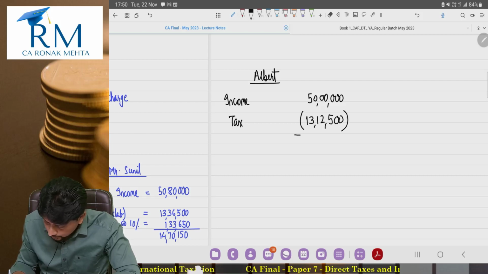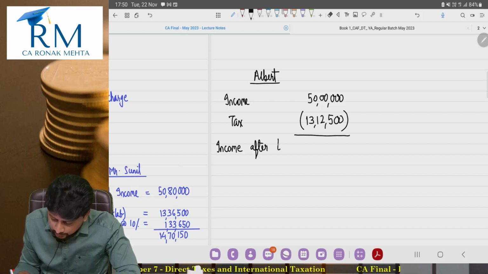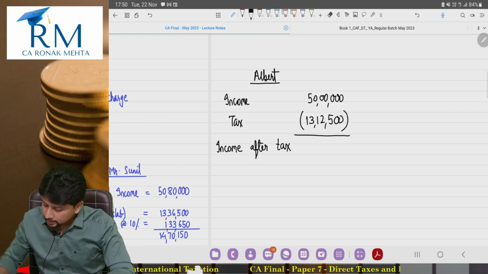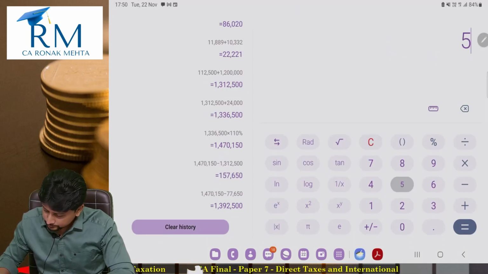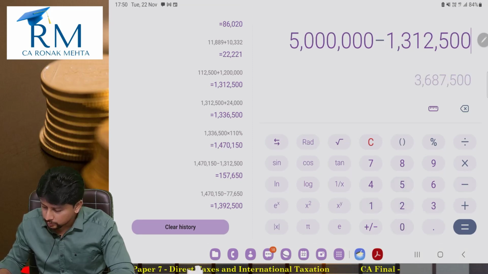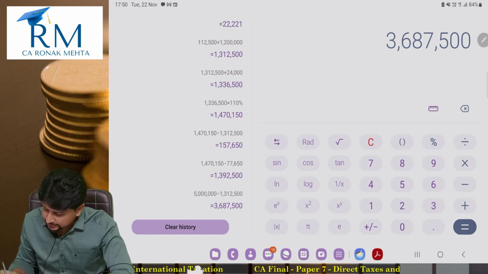So what was the income that was remaining in Mr. Albert's hands after he paid tax? He earned an income of 50 lakhs and from that 50 lakhs, 13,12,500 is what he was paying. So what remains in his pocket is 36,87,500.